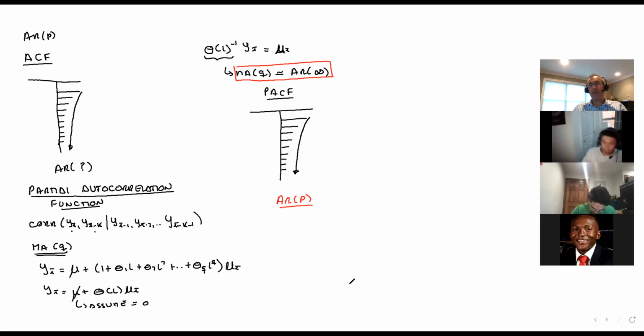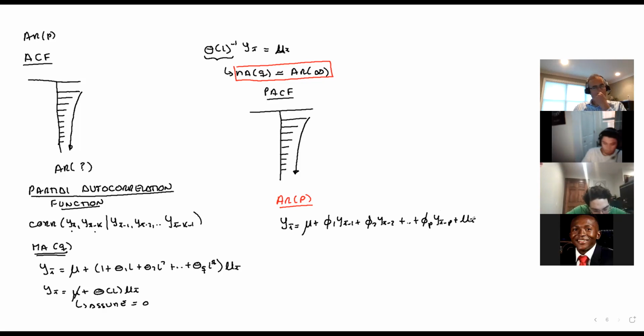What happens with the AR(p) process? Remember that my AR(p) process is simply mu plus psi 1 yt minus 1 plus psi 2 yt minus 2 plus ... plus psi p yt minus p plus ut.